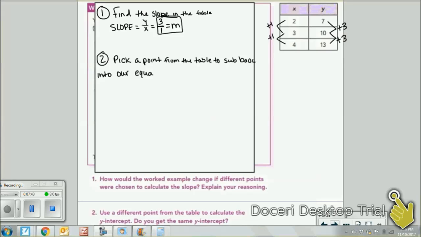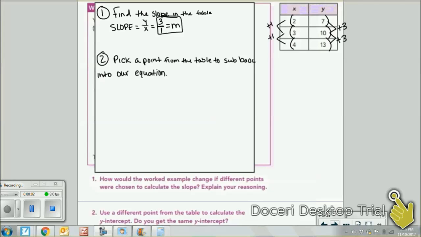So we're going to pick a point from our table to sub back into our equation. Okay? So if we look over to our table, remember each of these rows represents points. So it's really just 2, 7 as a point, 3, 10 as a point, 4, 13 as a point. Okay? So we just have to pick one of those points.